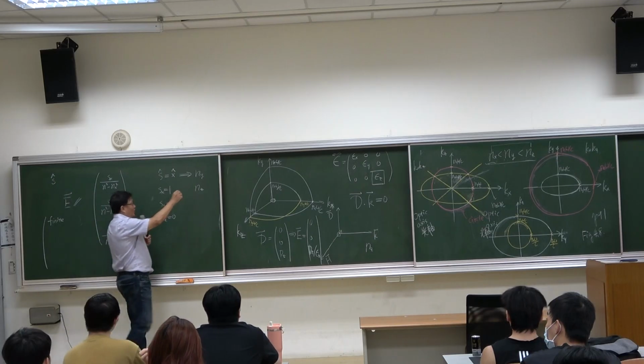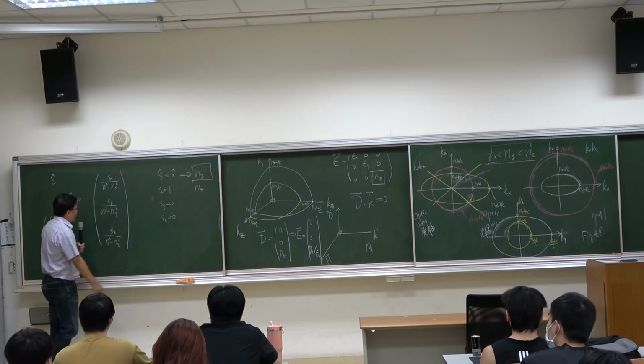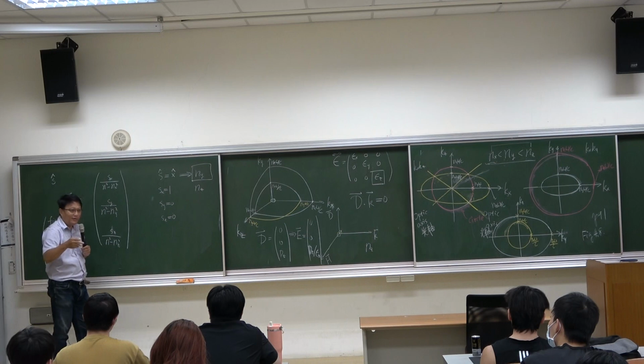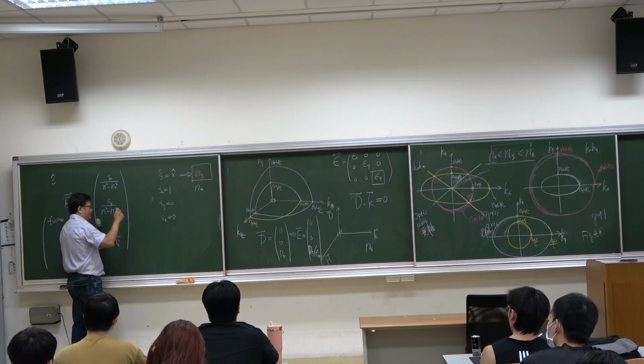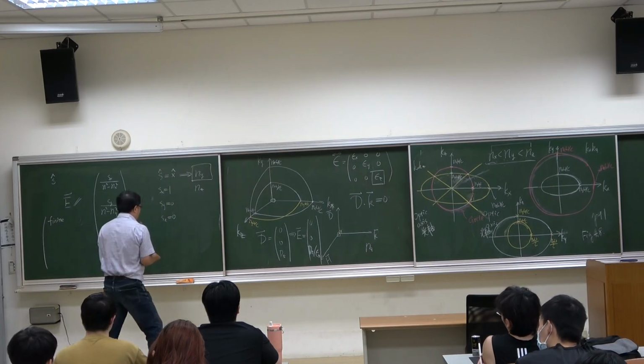Suppose I choose n to be my. Okay, so you see that this denominator becomes 0. 0 over 0, we don't know what the result is.